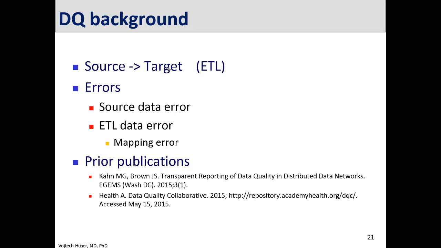And some source data errors are inevitable. If there is a typo in gender or typo in height or date of birth, these data errors typically don't have a pattern, although they may. It depends if it's a systematic issue with an EHR. But they may or may not have a pattern.